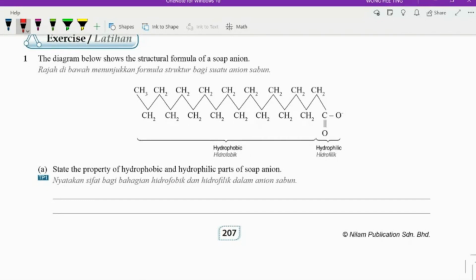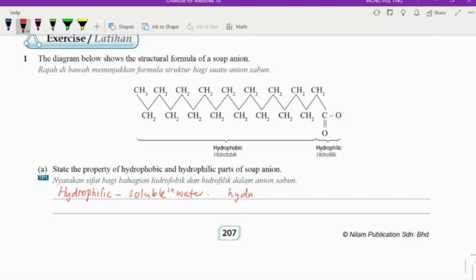How about the hydrophobic? It repels water, or if we want to write in terms of solubility, it's soluble in where? Hydrophilic: soluble in water.